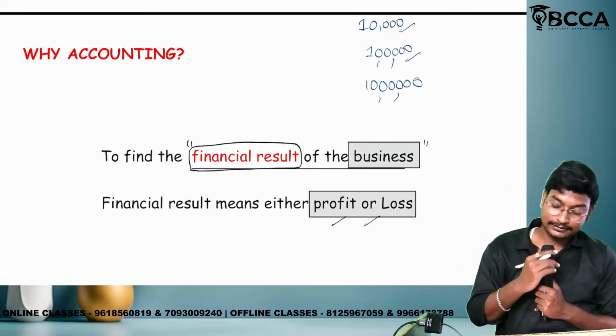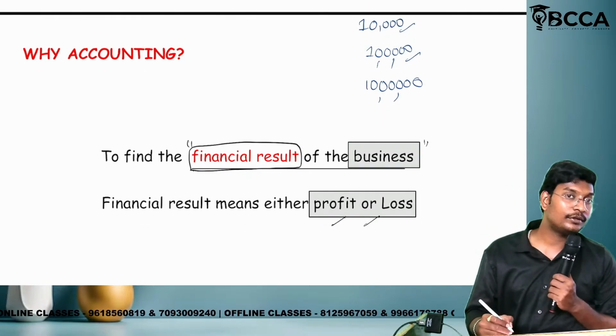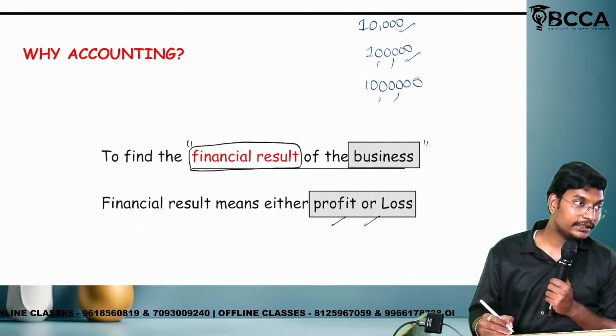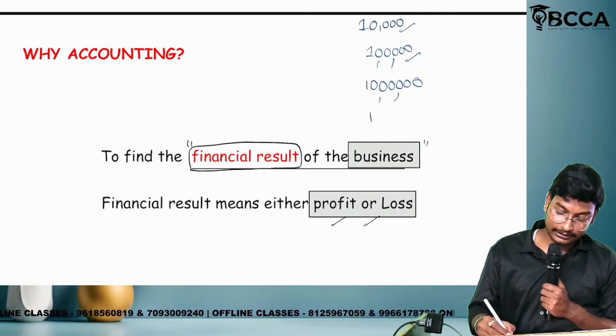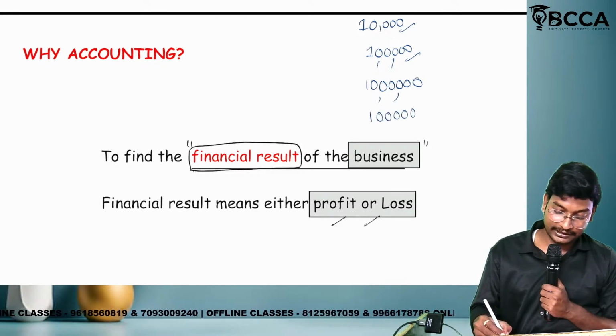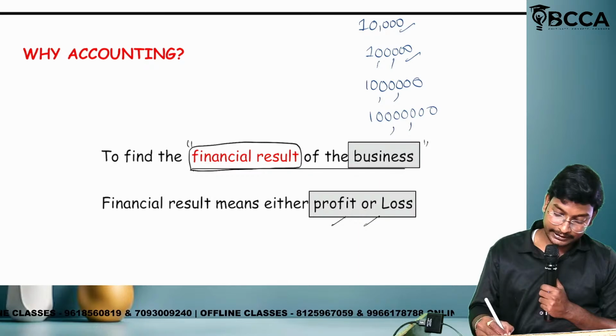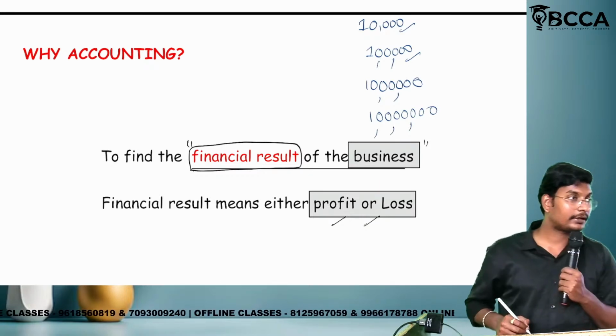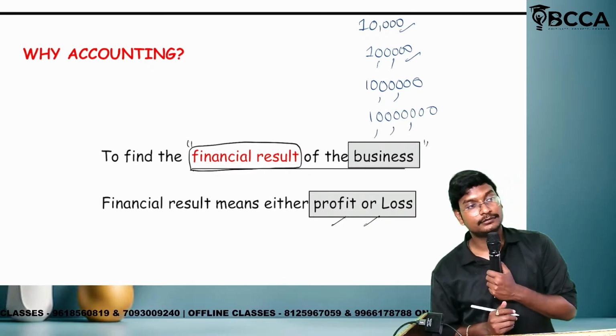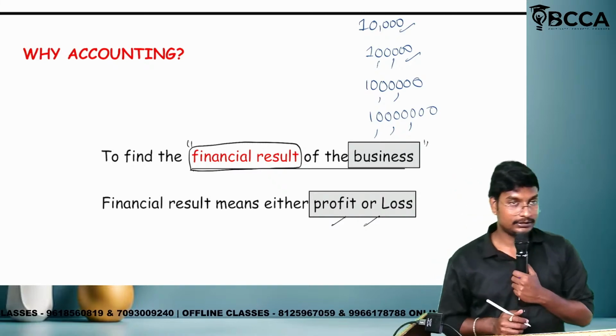Okay, next after 10 lakhs, what is the amount? 1 crore. For 1 crore, how many zeros should we have? 7. So 3, 2, 2. Like this we write 1 crore. Then 10 crores. Then 1000 crores.